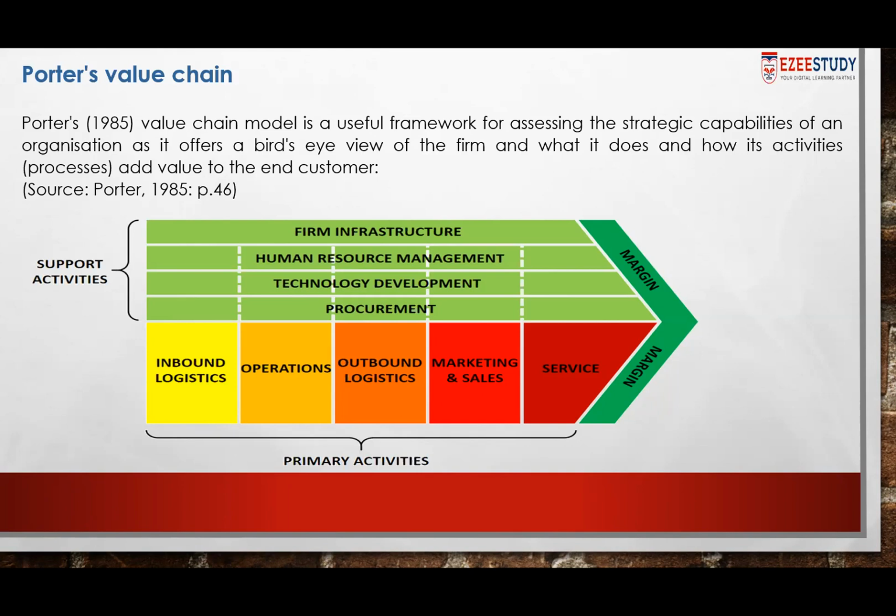So this $20 surplus is actually the margin for the organization. And this margin depends on the activities that an organization performs, and the way those activities are performed. The higher the margin, the better the activities.